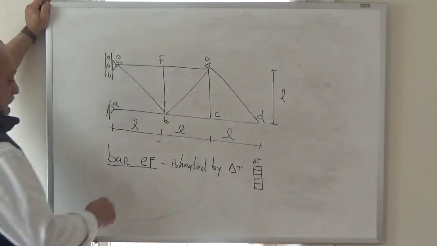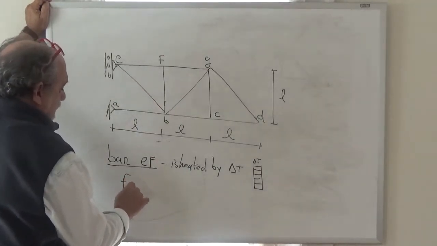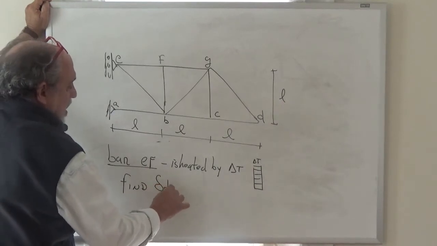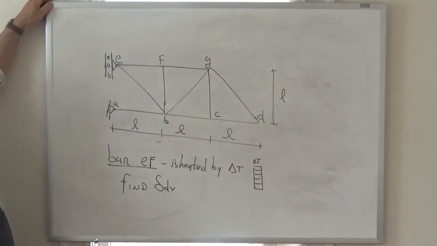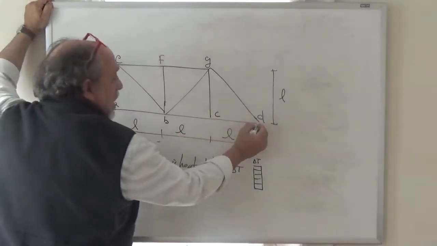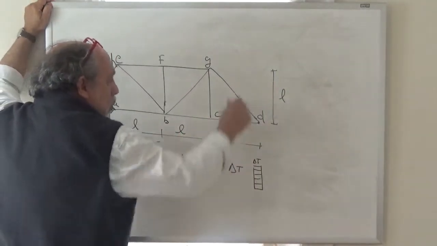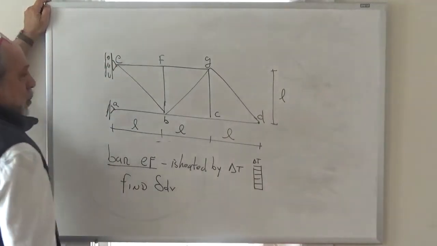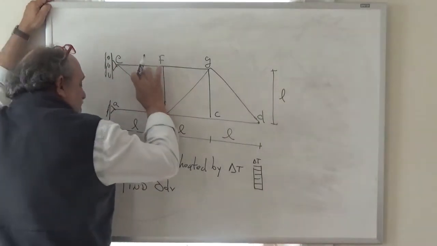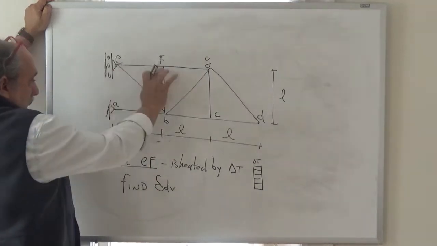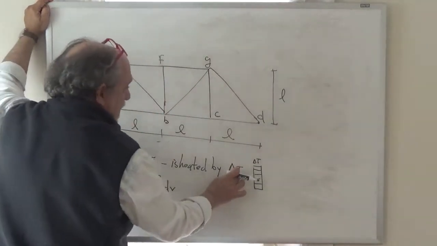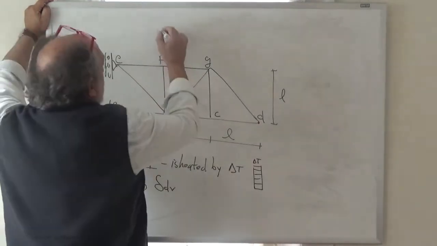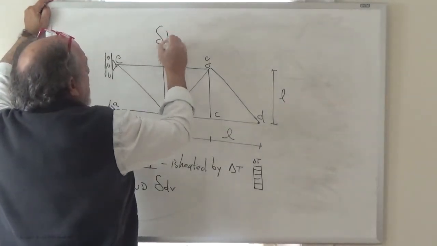And our interest is to find delta at D in the vertical direction. So we want to find how much this point D moves in the vertical direction, up or down, due to a heating of bar EF through the length by delta T. Okay? So find delta D in the vertical direction.